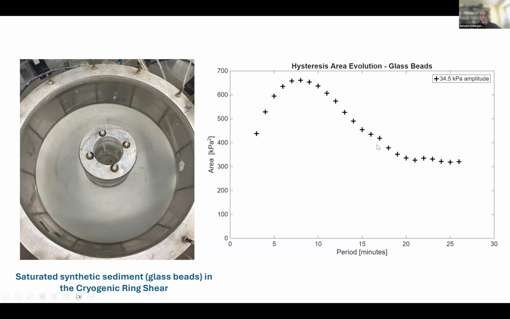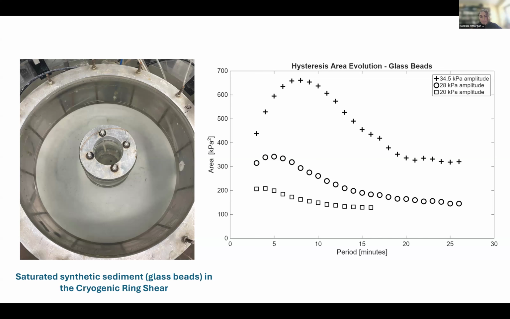and then it decreases over time after that. As we get to slightly lower amplitude oscillations, this one's about 28 kilopascals, you can see that there's still this non-monotonic trend, but it's less prominent than the higher amplitude oscillations. And this peak hysteresis here is found at a shorter period than the higher amplitude oscillations.